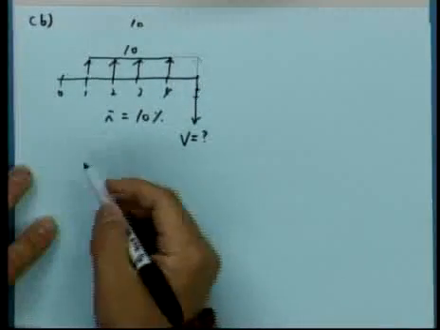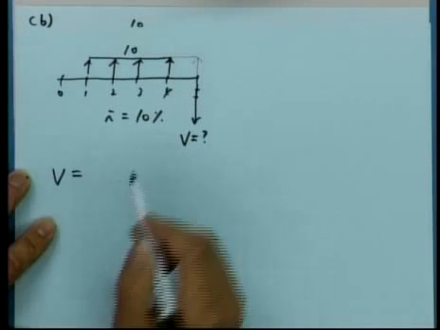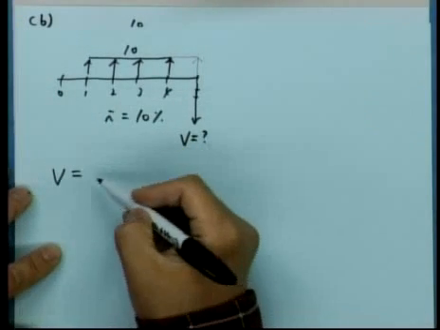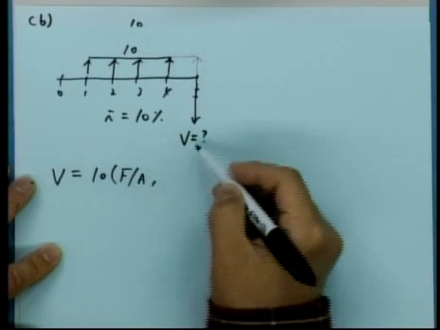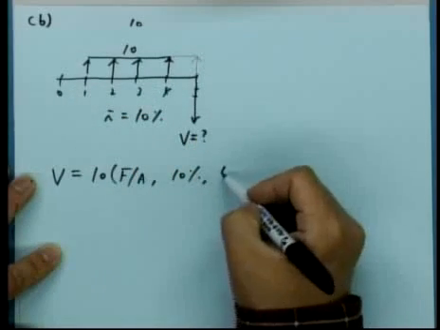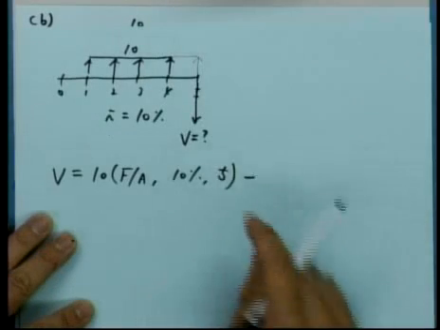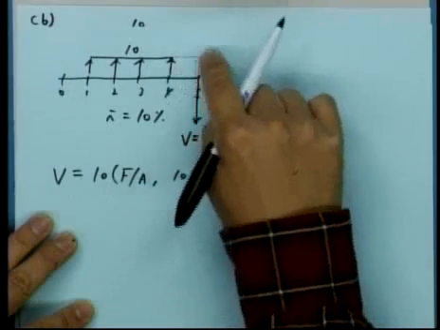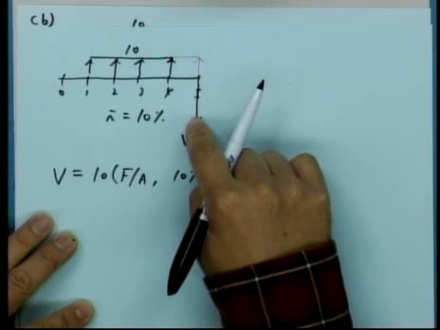So V can be computed by 10 times F given A, 10% over how many periods? 5 periods. And then you need to subtract the last payment of $10 at the end of period 5, right?